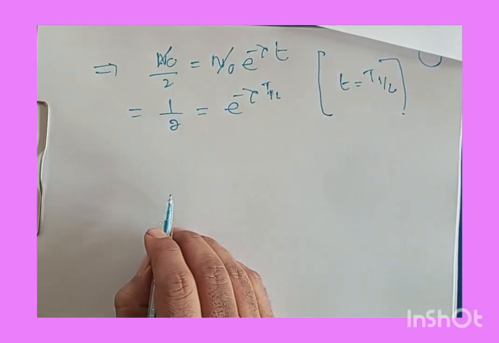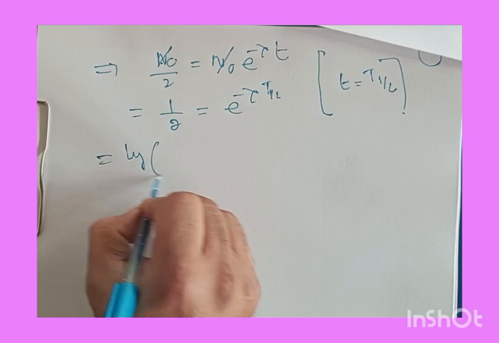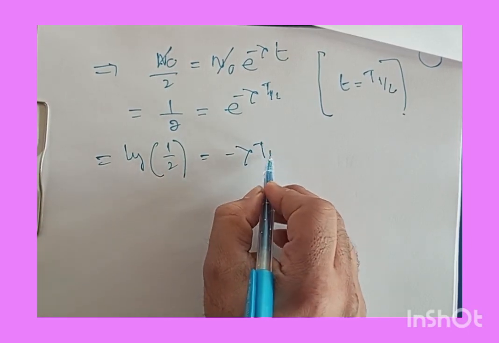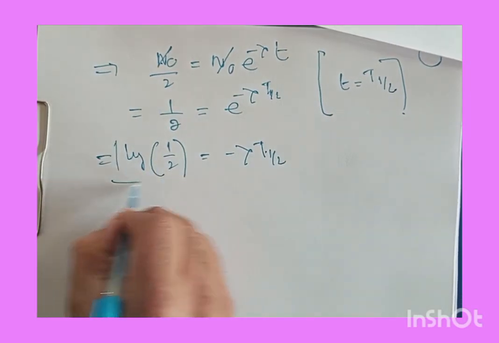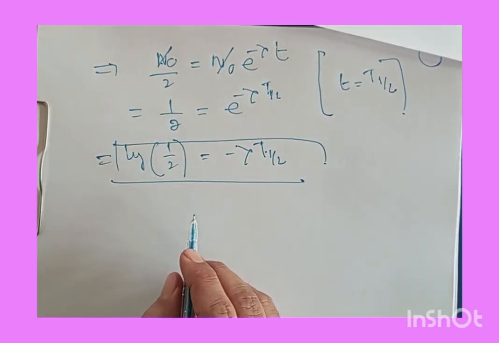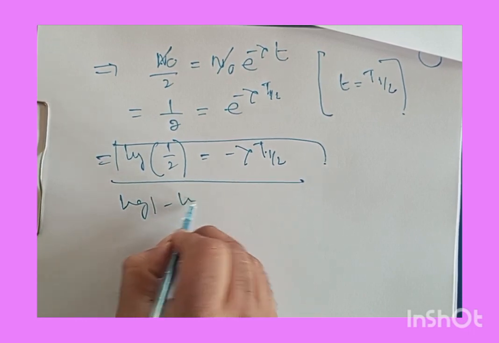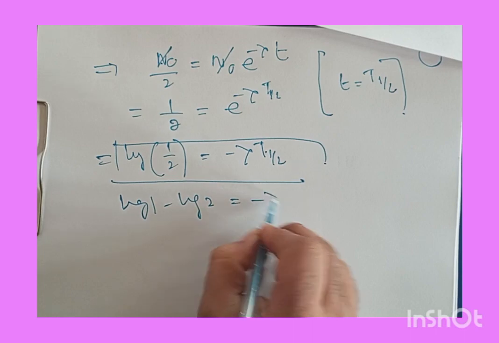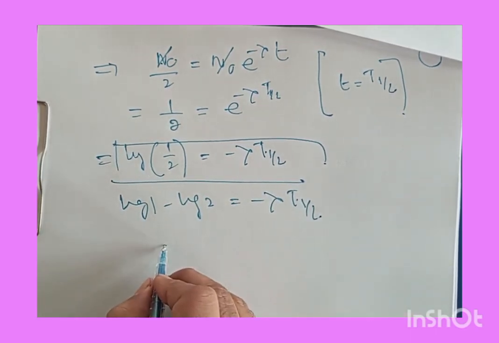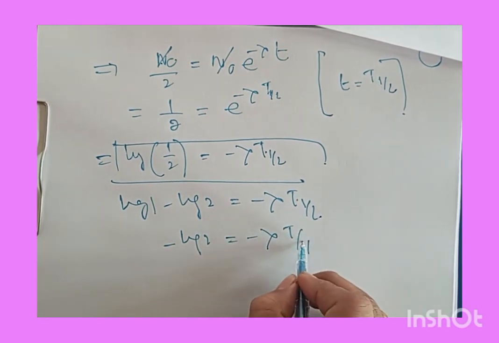Now, if I take log on both sides, I'll get log 1 minus log 2 equals minus lambda t half, and that means minus log 2 equals minus lambda t half.